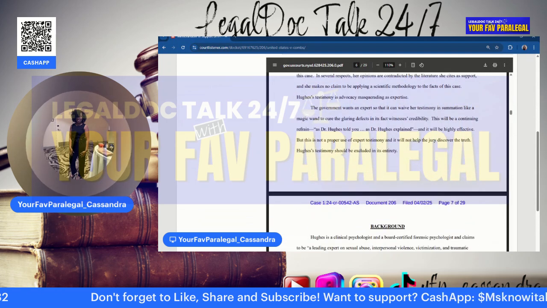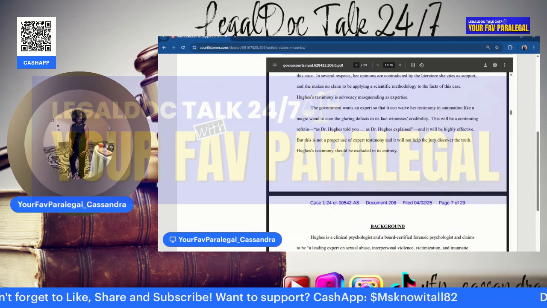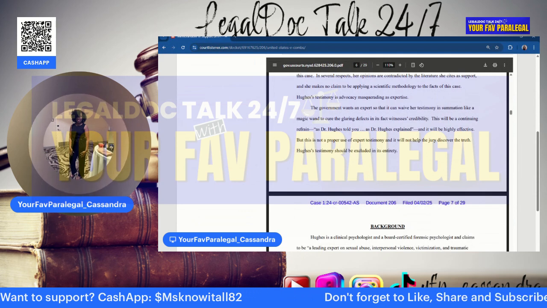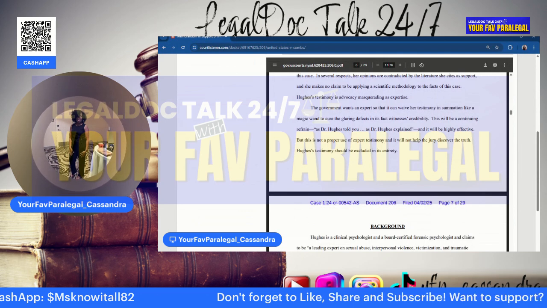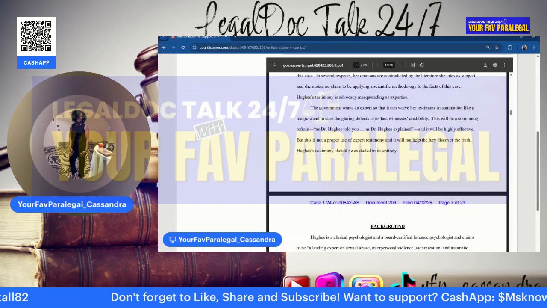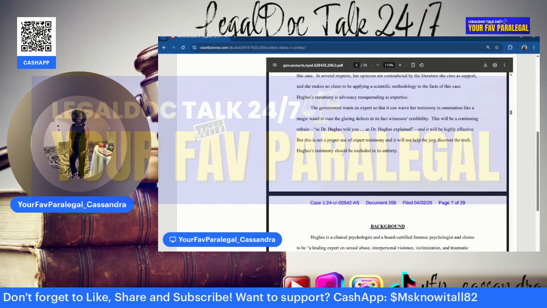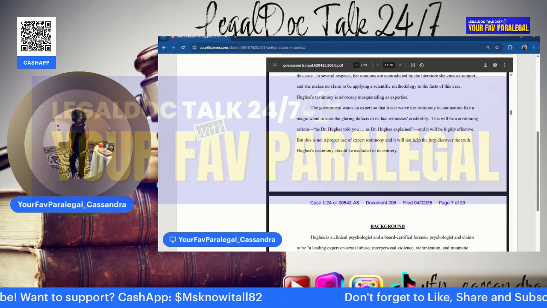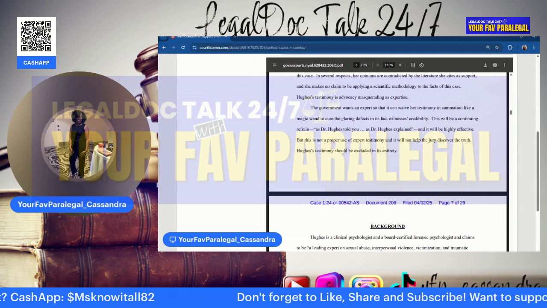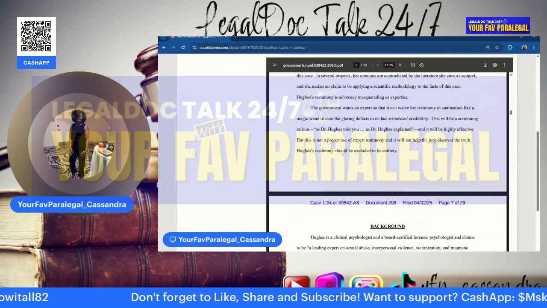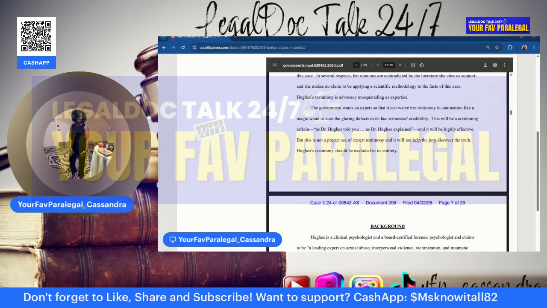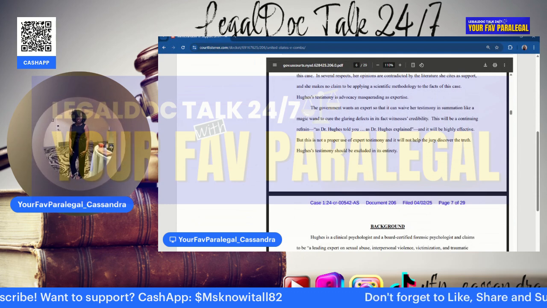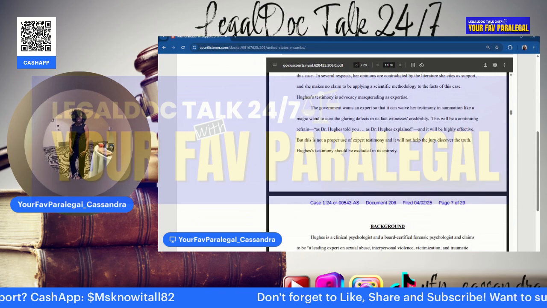The government wants an expert so that it can wave her testimony in summation like a magic wand to cure the glaring defects in the fact witnesses' credibility. This will be a continuing refrain: as Dr. Hughes told you, as Dr. Hughes explained, and it will be highly effective. But this is not a proper use of expert testimony. It will not help the jury discover the truth. Hughes' testimony should be excluded in its entirety.